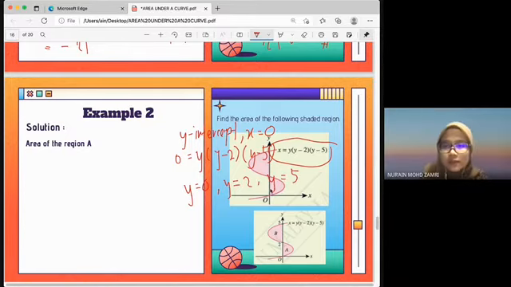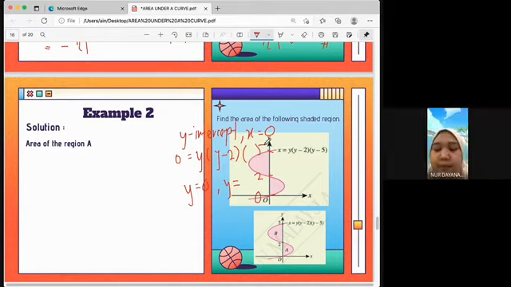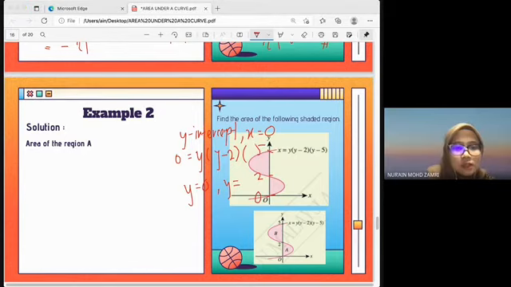Yes, correct. Those are the y-intercepts where you can plug in. So first is 0, and then 2, and then 5. So that's how you find the y-intercept if they did not give any y value.